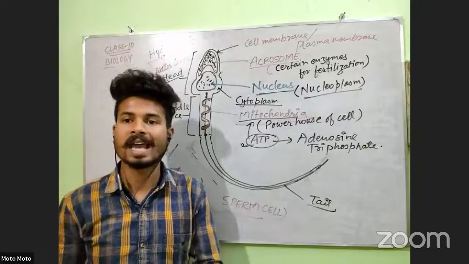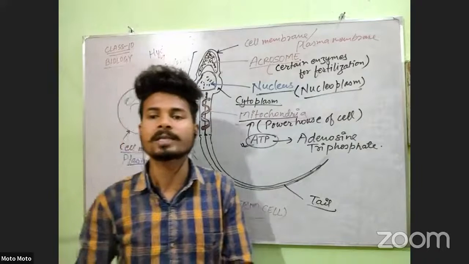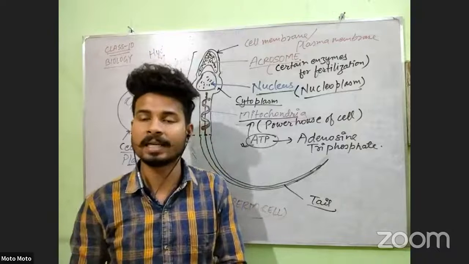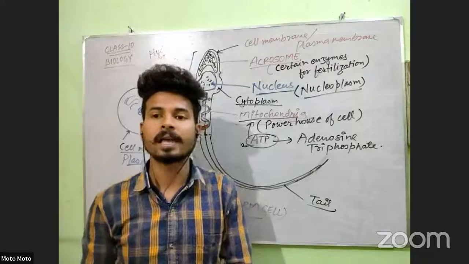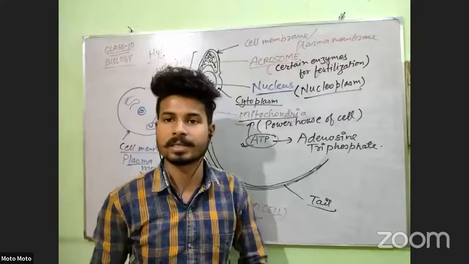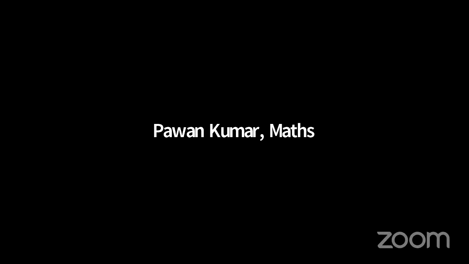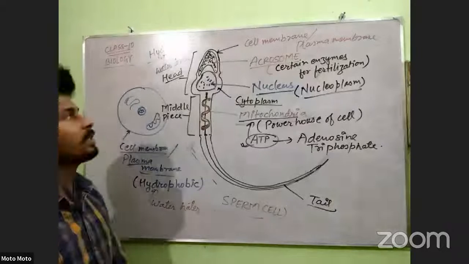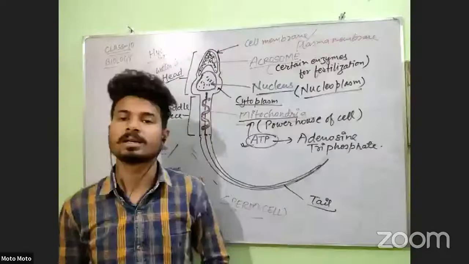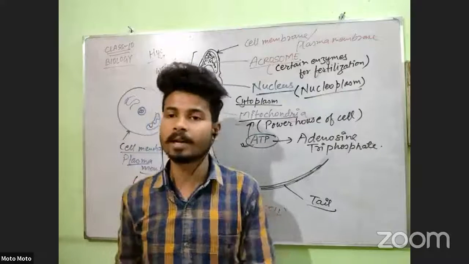Any organism which is having a tail, it helps them for the locomotion process. Clear? So I think this is all about the sperm structure.